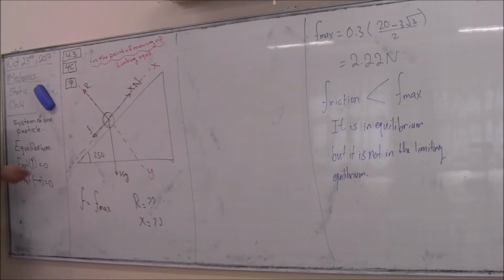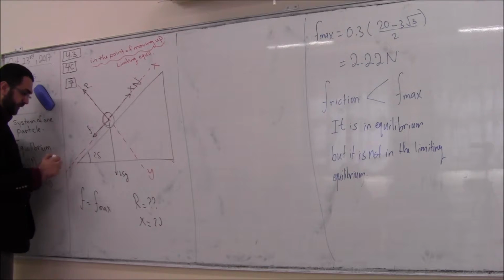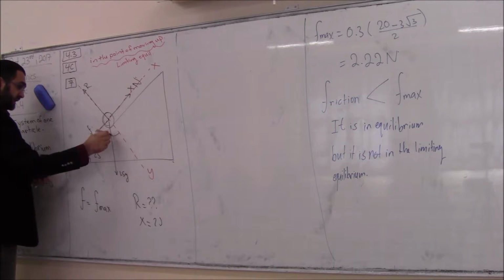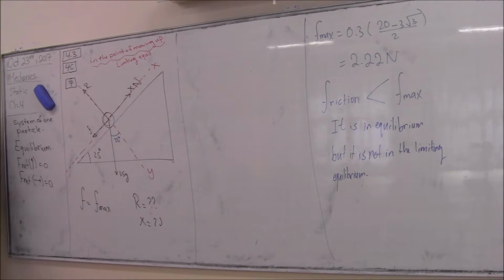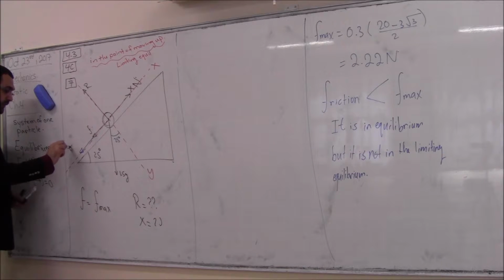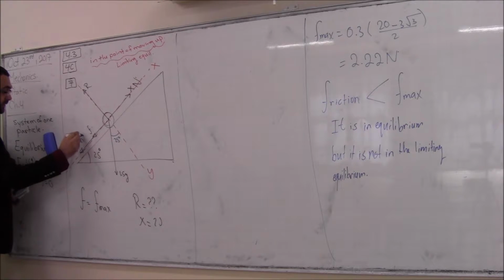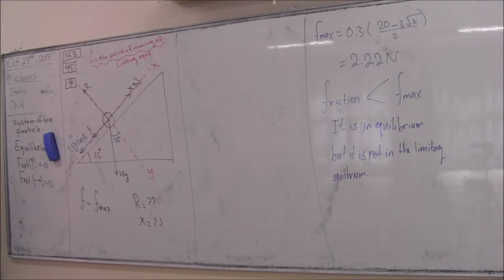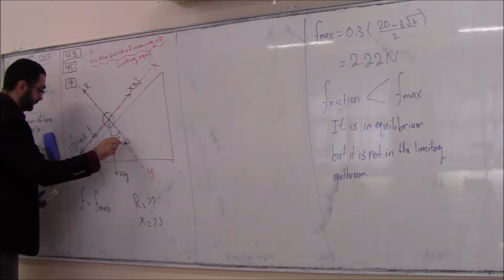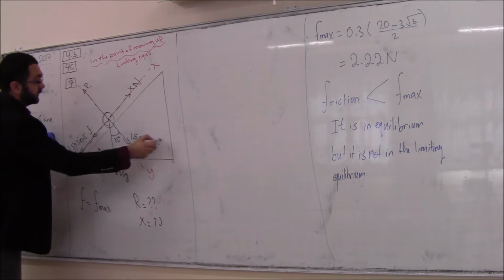What do I have to resolve? Weight, 1.5g. This angle is 25. Down the plane, 1.5g sine 25. In this direction, 1.5g cosine 25.